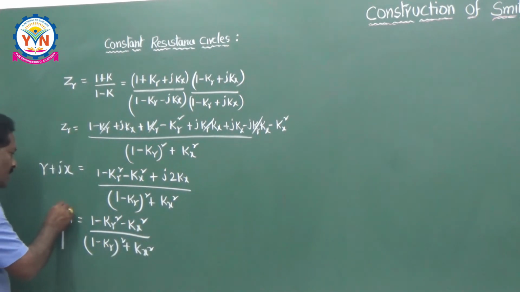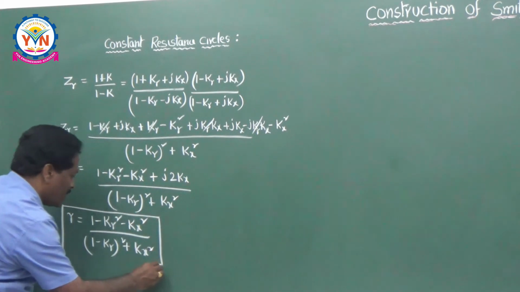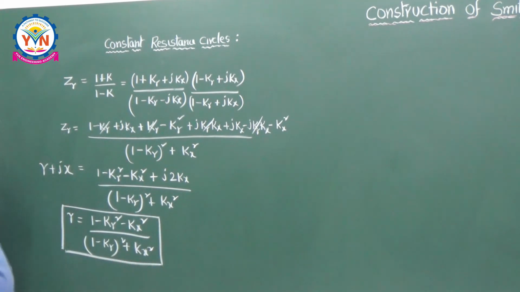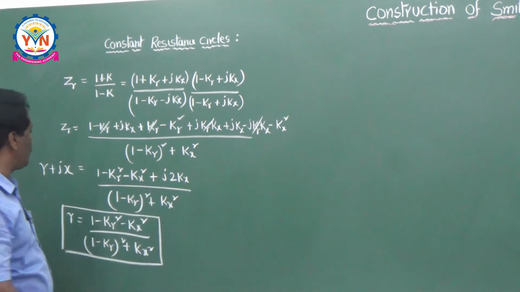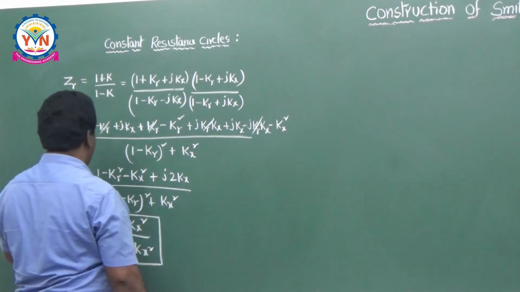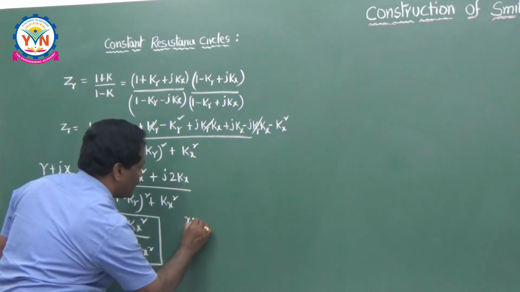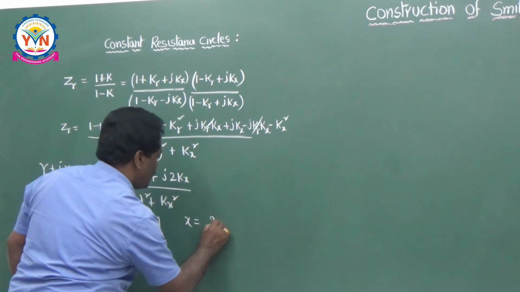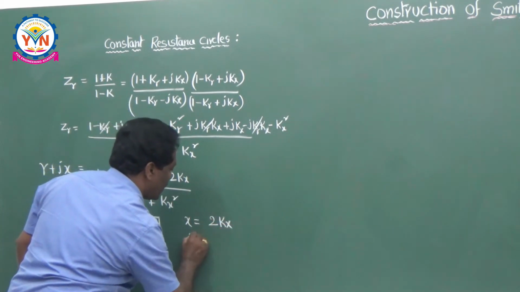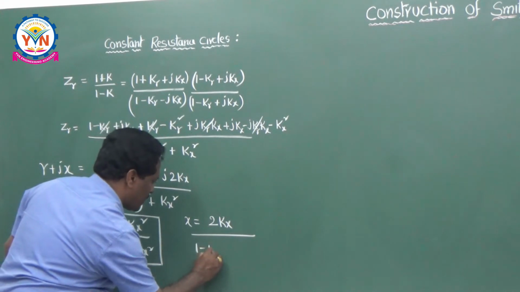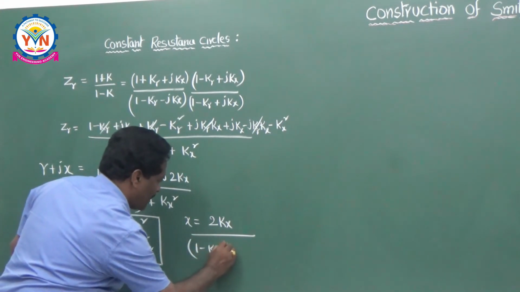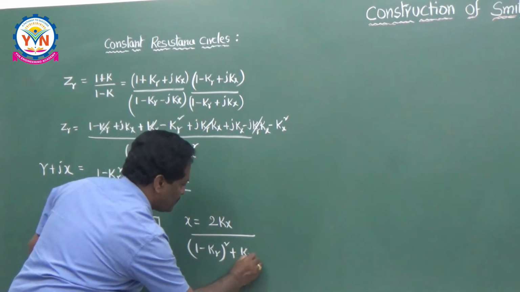So, this is representing the resistance circles, and as well if you take the imaginary part, it will be nothing but the reactance circles. Therefore, I can say here x is equal to 2kx divided by 1 minus kr whole square plus kx square.